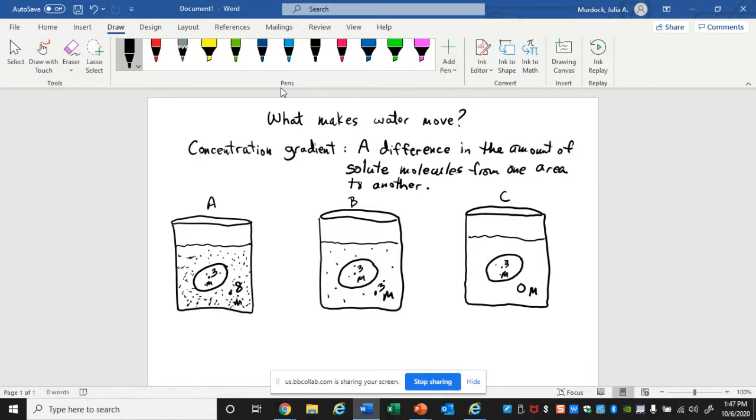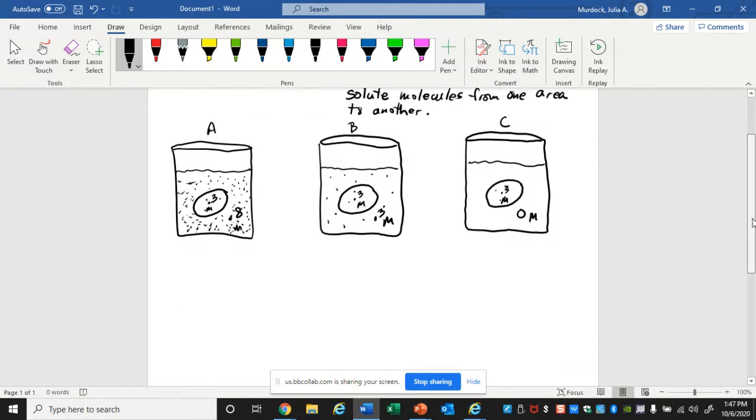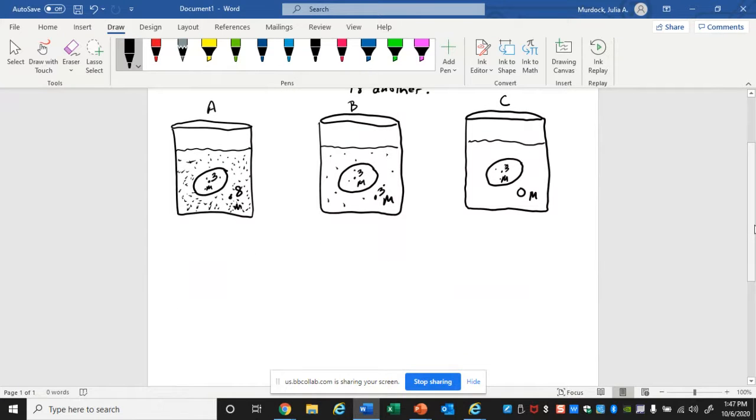All right, so now maybe you will remember freshman year. Let me see if I can go down a little bit. Can I go down? Yes, there we go. Remember freshman year when there were words called isotonic, hypertonic, and hypotonic? Maybe you do, maybe you don't. Here they come.